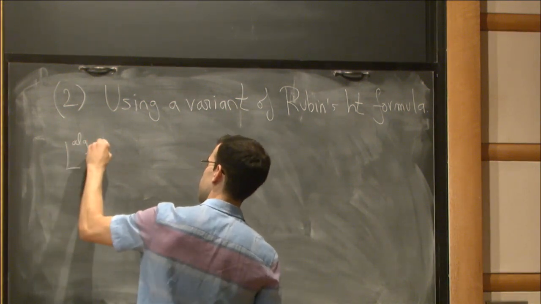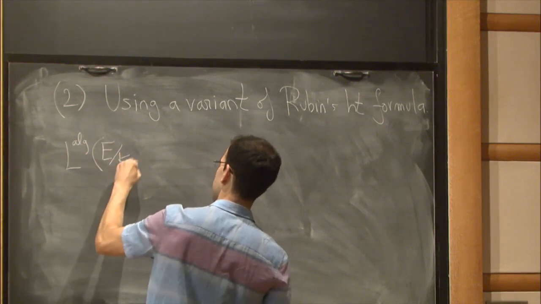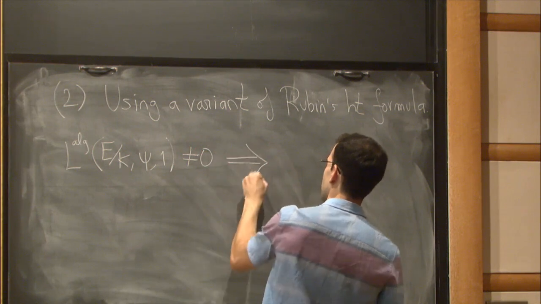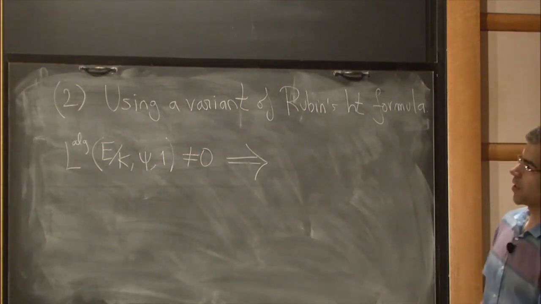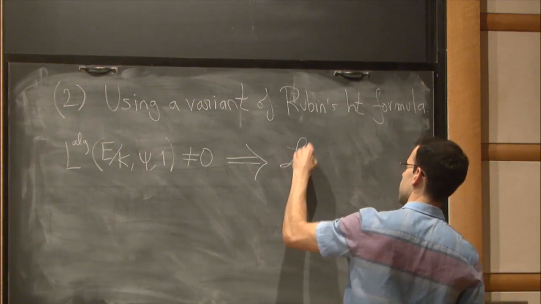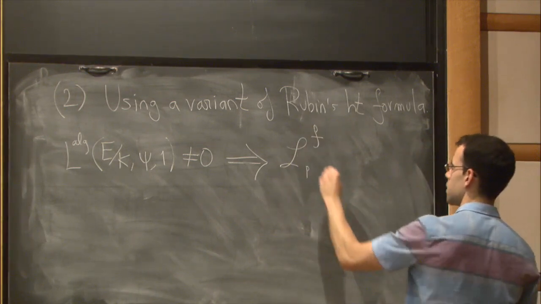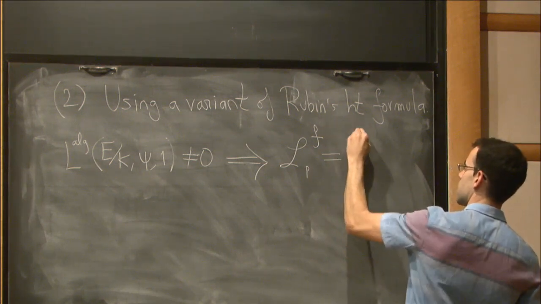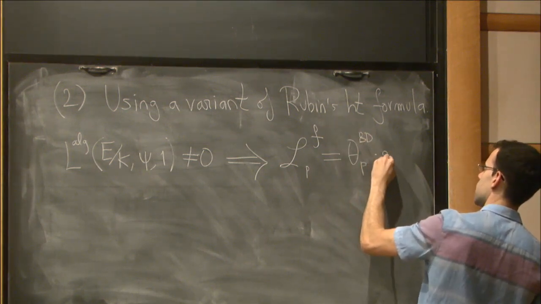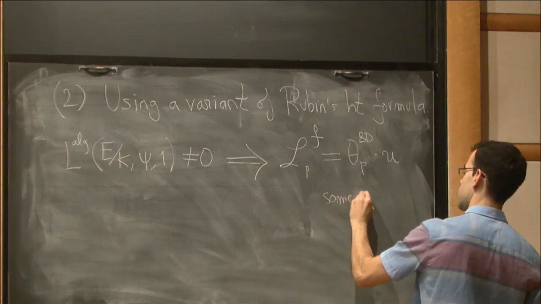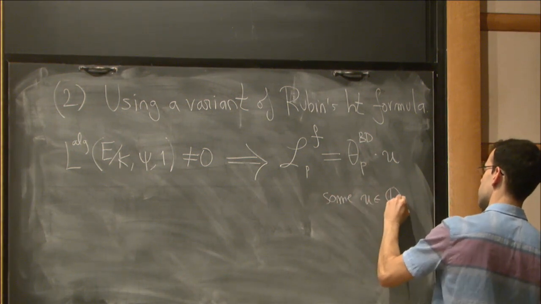Our assumption is that this value doesn't vanish. By comparing the interpolation property of the two p-adic L-functions that have appeared, one can show that the one attached to the triple product is essentially this Bertolini-Darmon theta element times some element u in Qp cross.